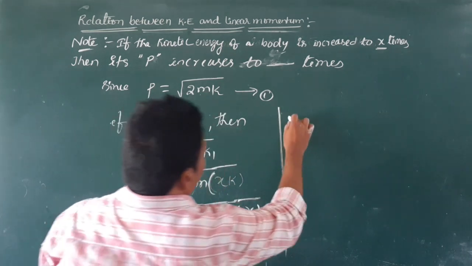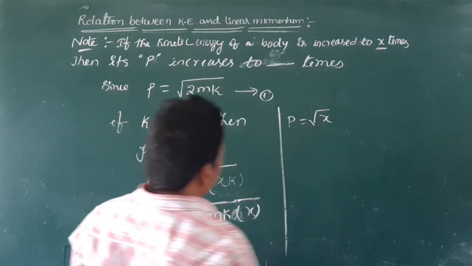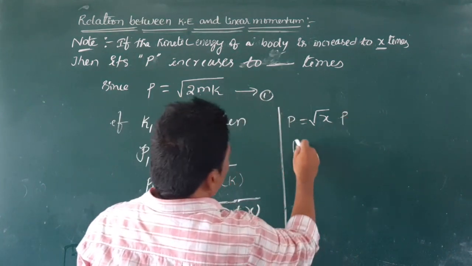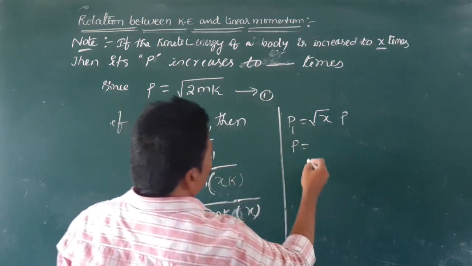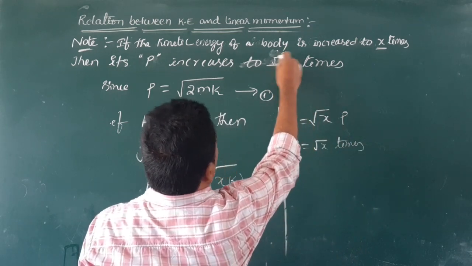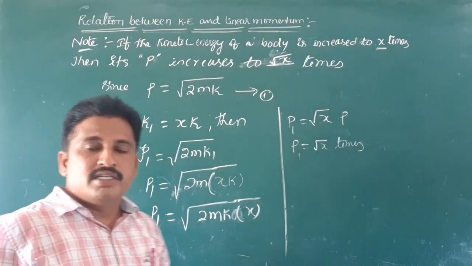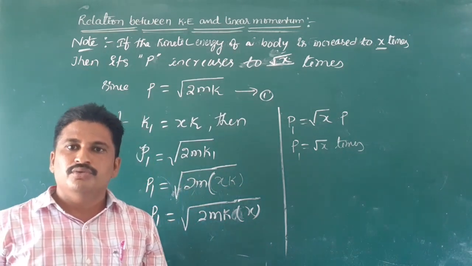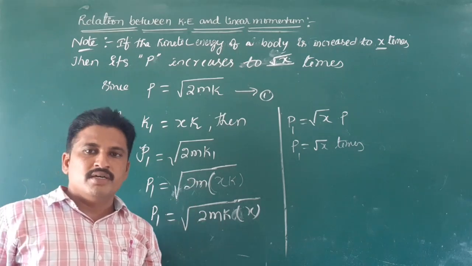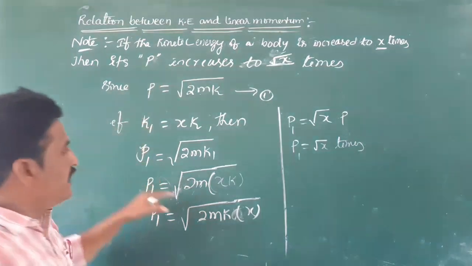Separating this, we get P1 is equal to root x into root of 2mK, which is P. So P1 is equal to root x times P. If the kinetic energy of your body is increased to x times, then its corresponding linear momentum increases how many times, students? Root x times. This is the expression.